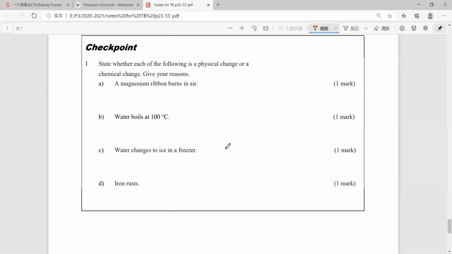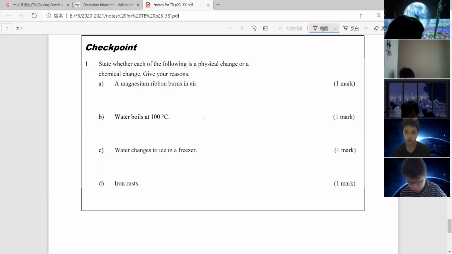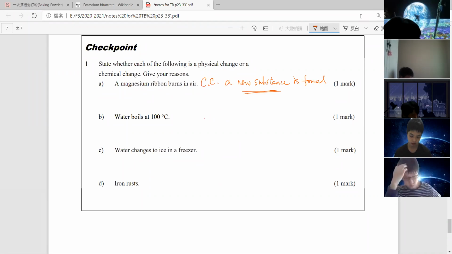So, checkpoint, four examples. State whether each of the following is a physical change or a chemical change. Give your answer. A is chemical change. Why? Burning. Because when magnesium burns, a new substance is formed. We call it magnesium oxide.